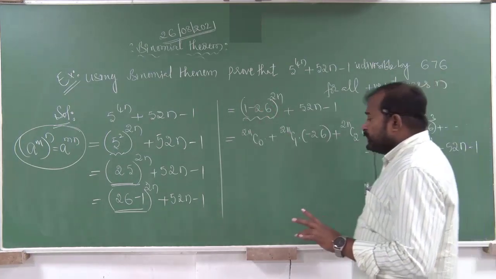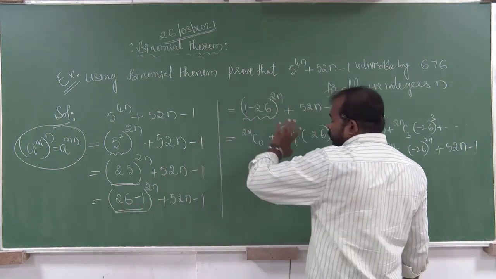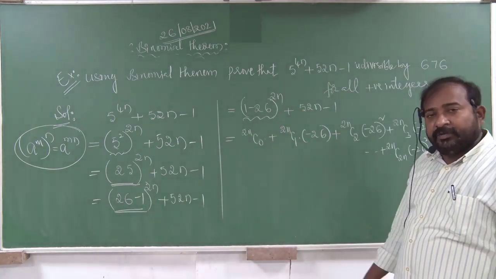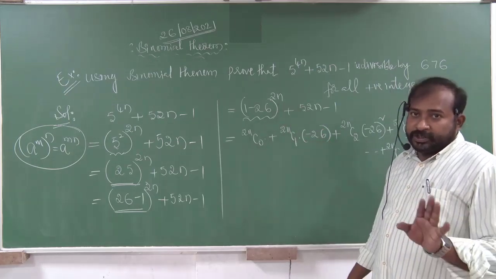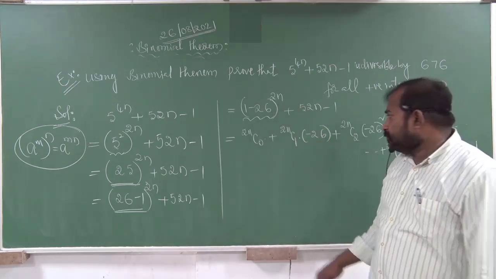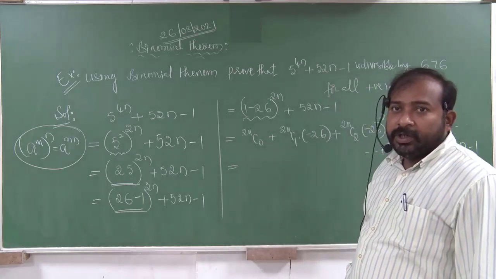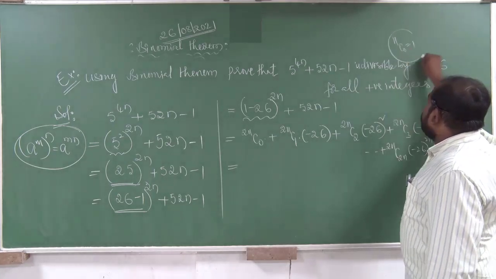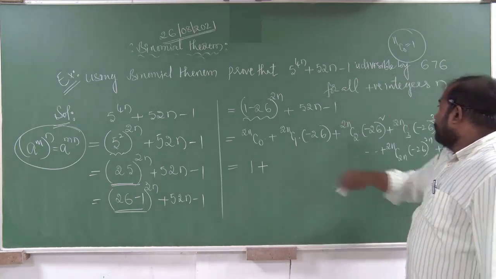And don't get confused here: I took 26 minus 1 earlier, and here 1 minus 26. Anyway, power 2n is there, and power 2n means even only, so you can interchange. If it is an odd power, you can't change, but for an even power you can change it. 2n c0: what is its value? Already I gave that n c0 is equal to 1. So this value is 1. Plus this is nc1.